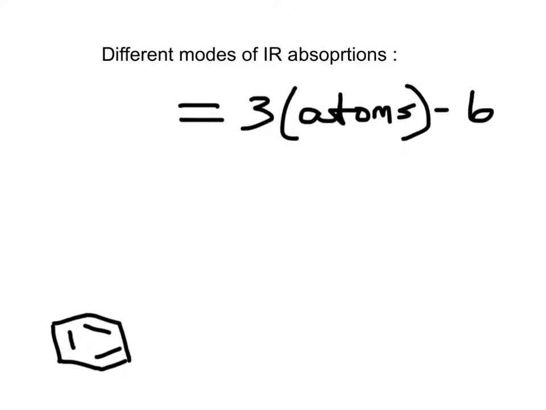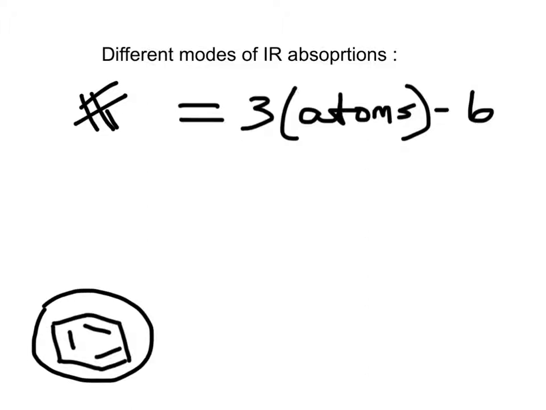And so what we can determine is the number of modes of bending and stretching can actually be determined through this equation. And so we say the number is going to be equal to 3 times the number of atoms minus 6. And so let's say we take a simple molecule such as benzene. Think about how many different atoms are in this molecule. We here have 6 carbons and 6 hydrogens. So there's 12.